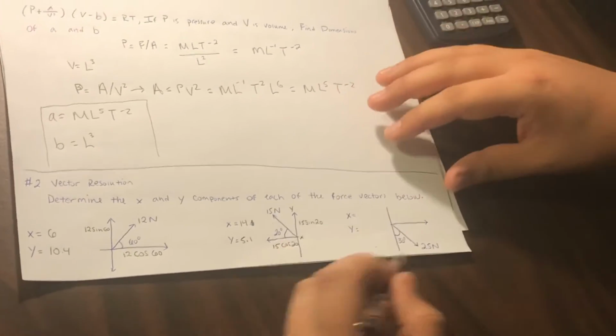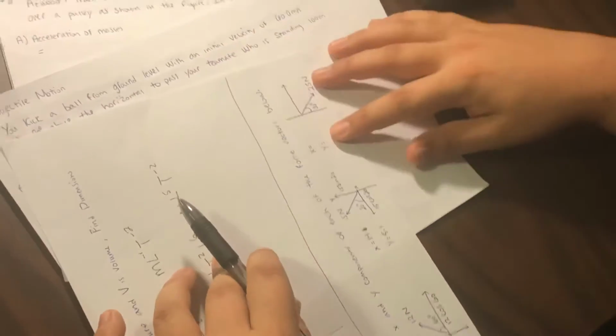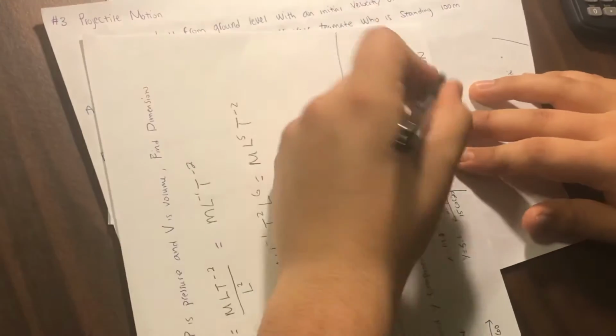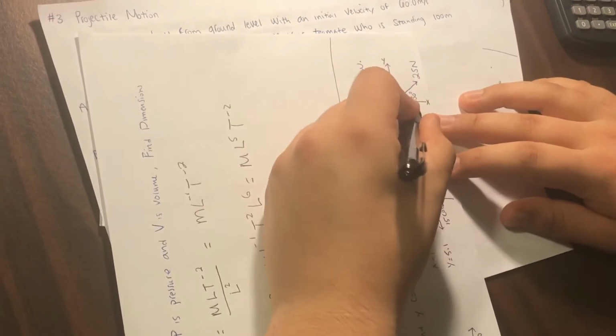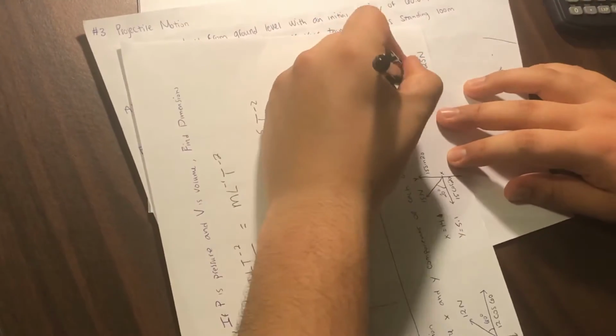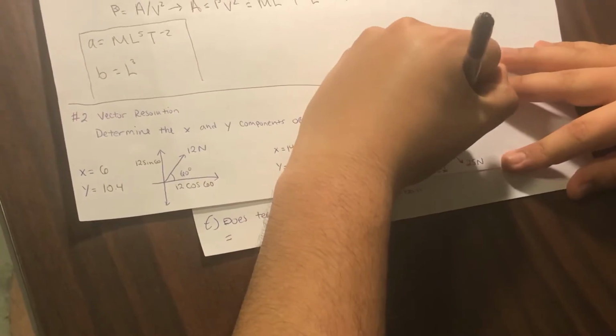Now, for the third and final vector, since it's on the bottom, I usually like to turn the paper like this, so it can be equivalent to these other vectors. Now we know that the x component is this, and the y component is this. So x is going to be this side, 25 cosine 30, and the y component is this side, 25 sine 30.